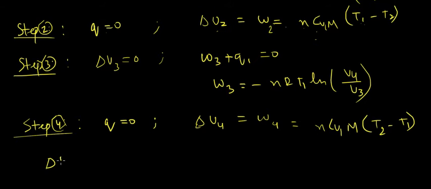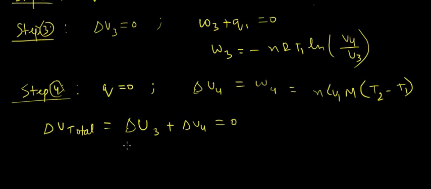Okay, so the change in internal energy of the total Carnot cycle would be delta U1 plus delta U2 plus delta U3 plus delta U4. Delta U1 and delta U3 are 0, as steps 1 and 3 are isothermal processes. So it would be delta U2 plus delta U4.